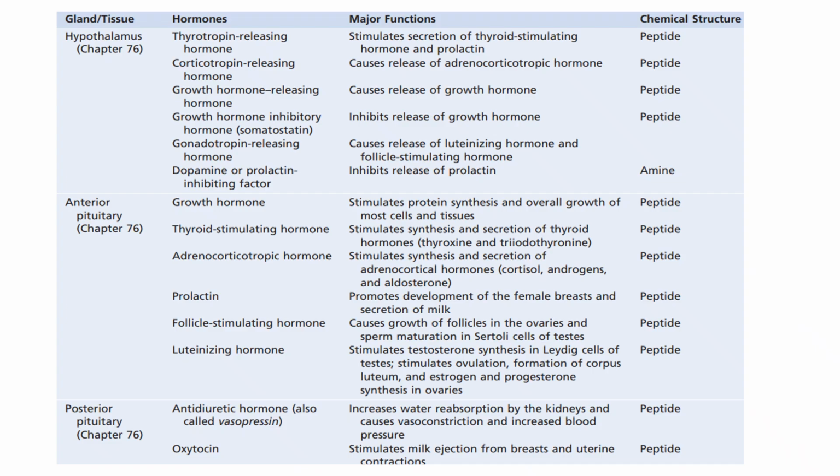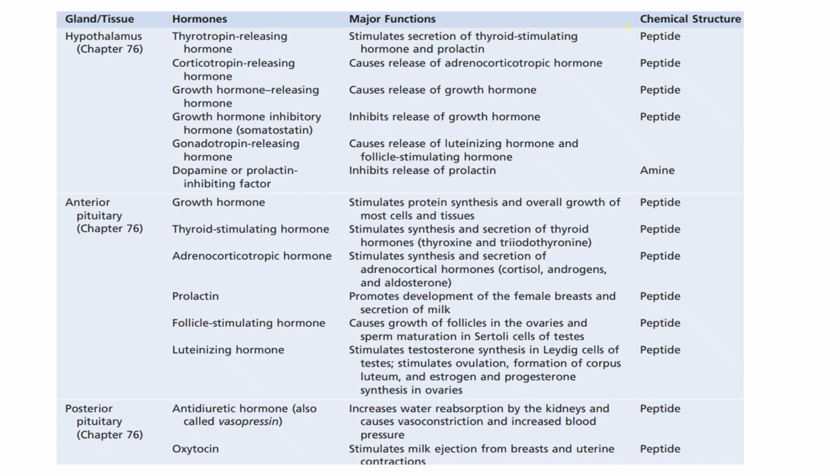This is a tabulated summary of the hormones produced by the hypothalamus and pituitary gland, both anterior and posterior pituitary, detailing their origin, names, major physiological function, and chemical structure.